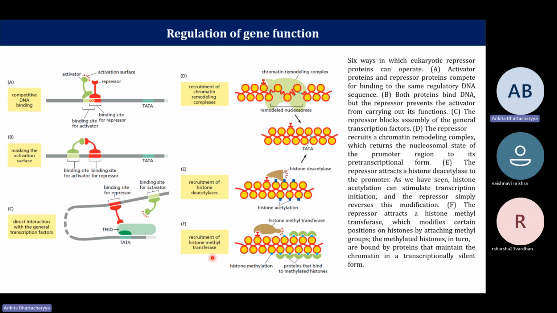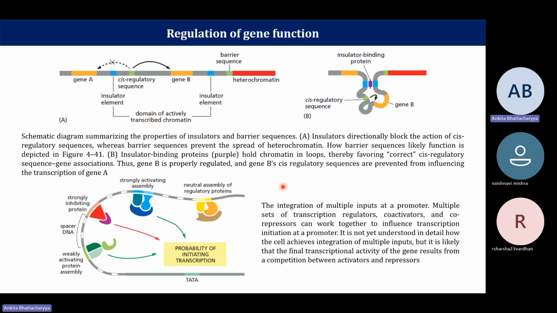Or there can be histone methyltransferases that methylate certain regions of the histones, and proteins that bind to these methylated histones prevent transcription from proceeding in those sites. So these are also different eukaryotic transcriptional repression methods.